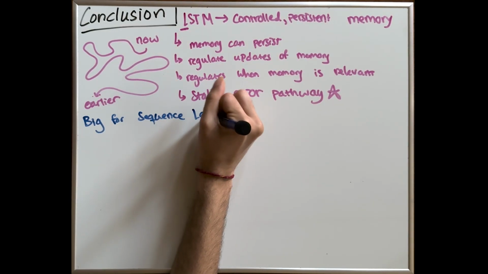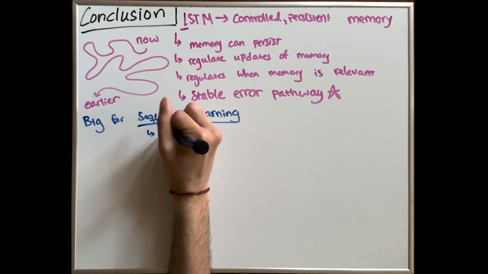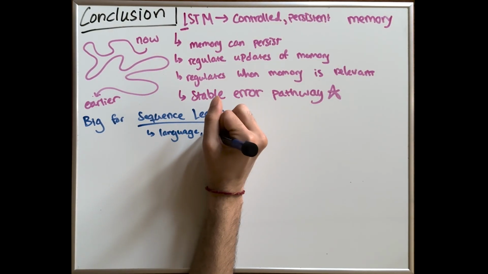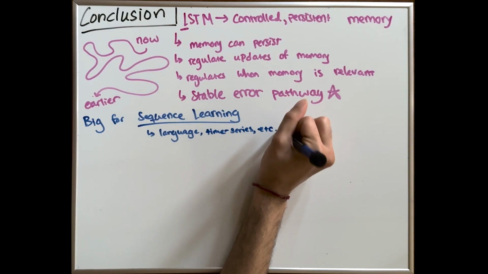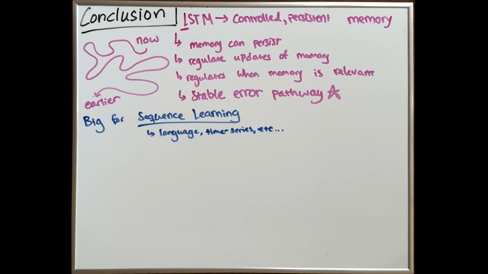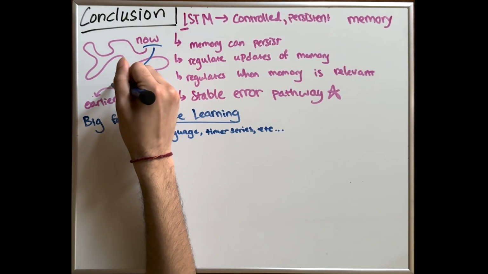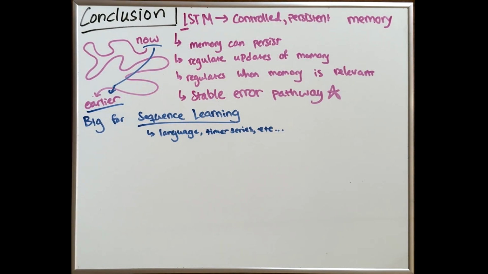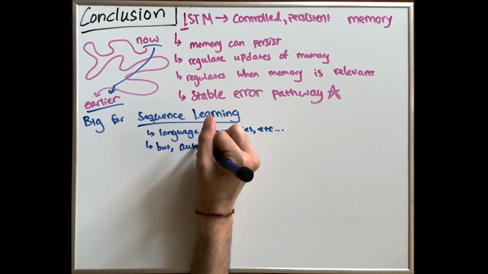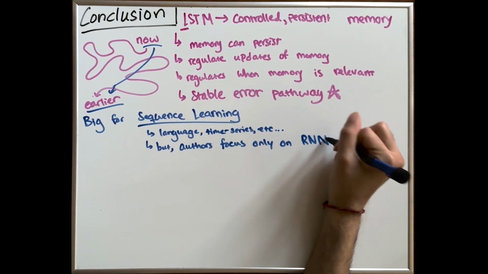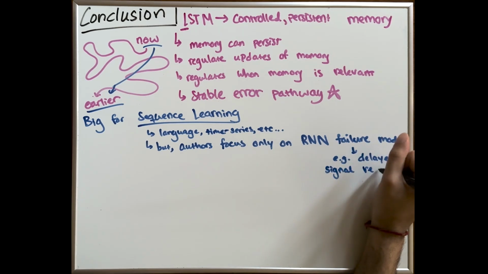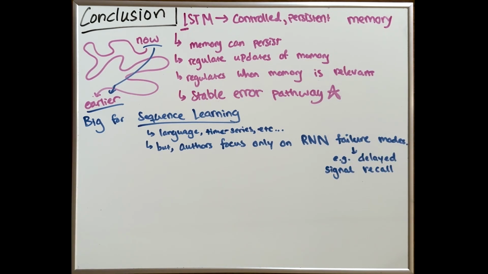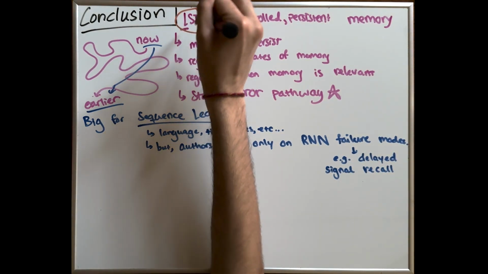LSTMs became a major step forward in sequence learning, especially as later work applied them to real-world domains like language, handwriting, speech, music, time series, any domain where the significance of what you see now depends on something that happened previously. Though, the paper really only tests experiments on specific tasks that typical RNNs struggle with, for example, delayed signal recall. But LSTMs are also philosophically pretty interesting.